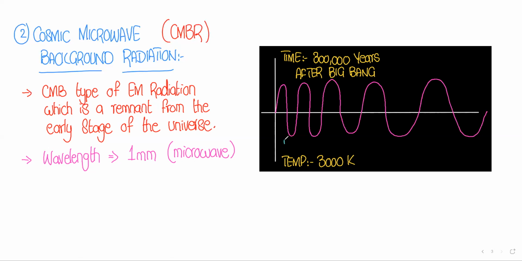This gives you a clear idea of how wavelength increases with the passage of time. The final stage is the present situation, where wavelength is very high compared to the initial stage.